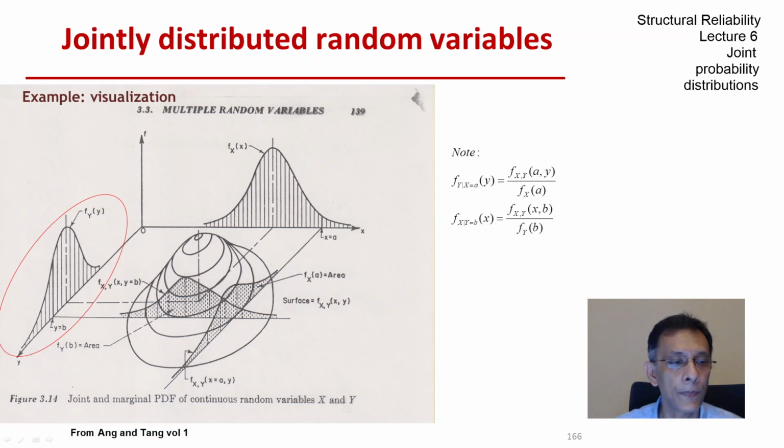So for example, if I fixed the value of y at b, which means I took a section of that dome and I integrated the area of that section, which basically means I integrate out x from the picture. What I would be left with is the density function of y at b, so it would give me the ordinate of the red circled figure at y equals b.